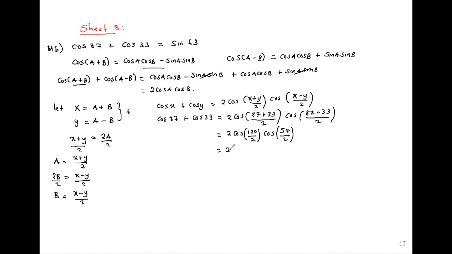This is the same as 2 cos 60 cos 27. So you do the division there, but cos 60 is half. Because 27 we don't know. But half times 2 is 1. So we just get cos 27.